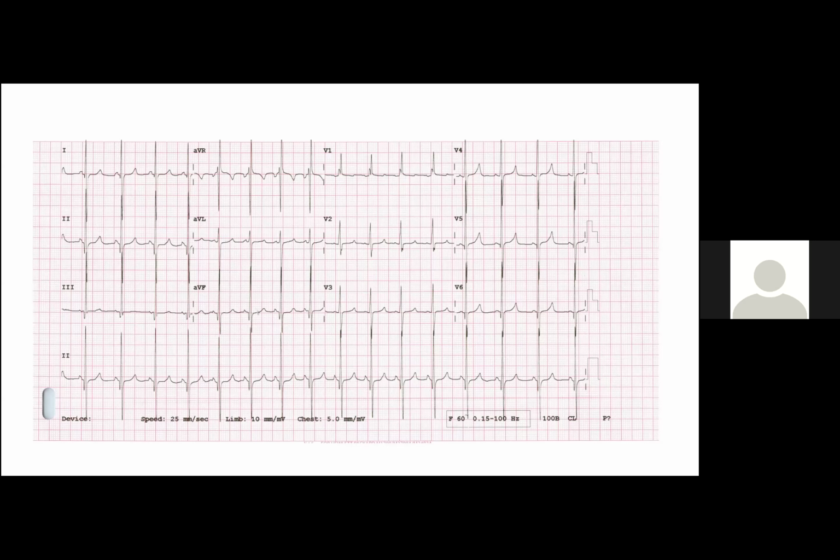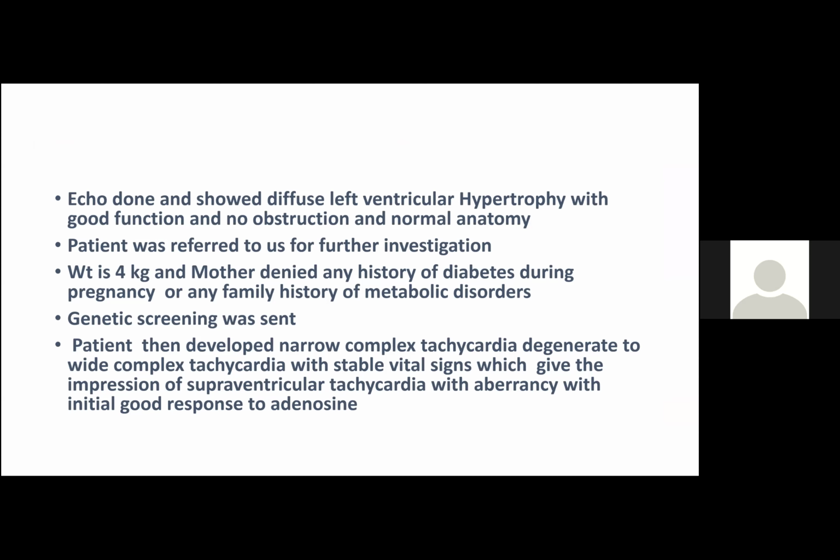This is the ECG. You can notice it is normal sinus rhythm with normal P wave morphology and normal PR interval. So we took this patient for further investigation and management.